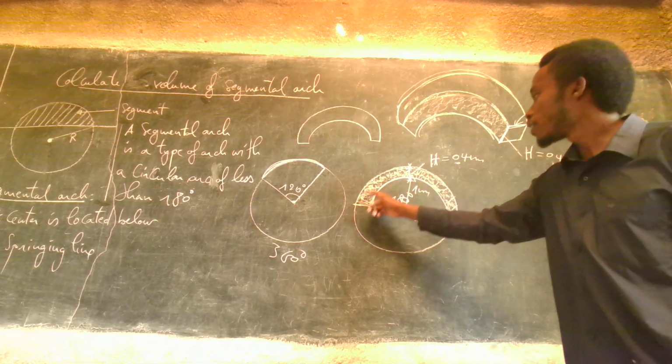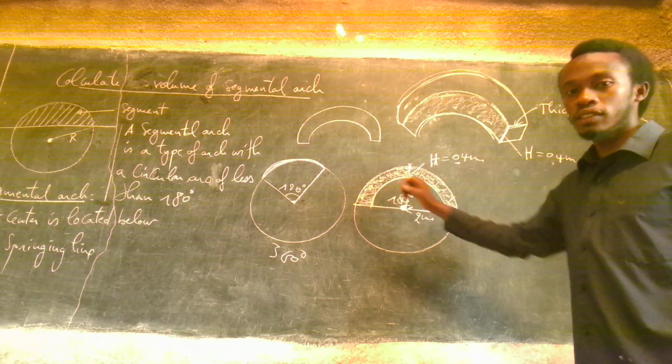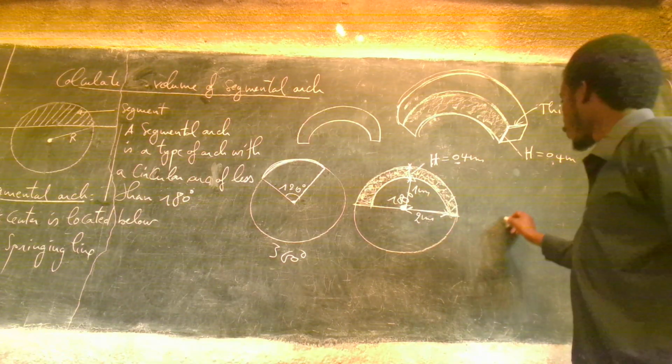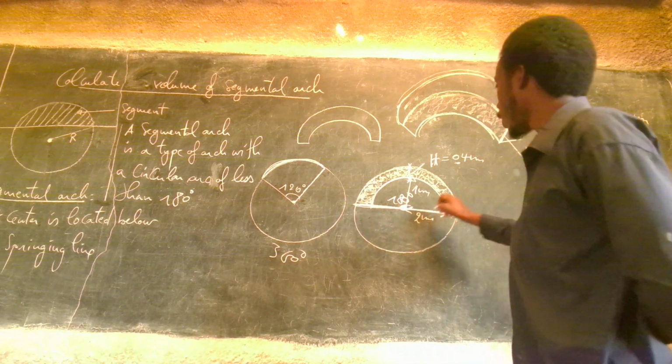How do we calculate the surface area, this shaded area? So we have a circle.